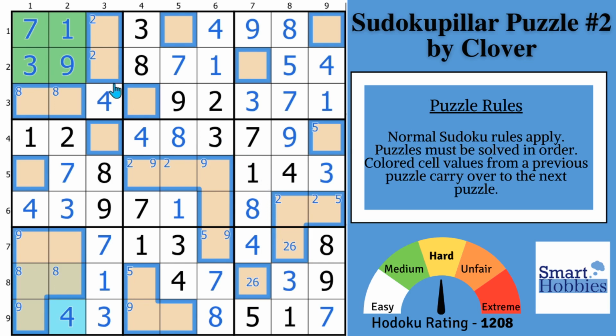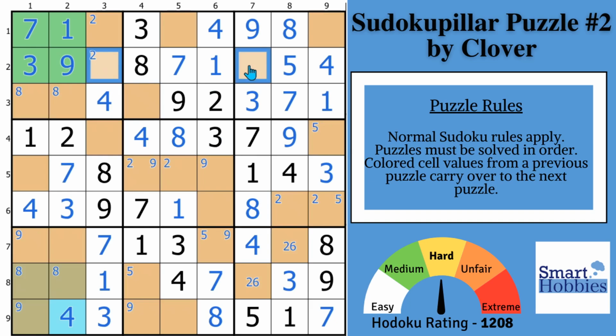You want to look for those conjugate pairs. You might notice there's a conjugate pair of 6s here in row 2, right? 6 can be there or there, and that's it. Look in row 4. A 6 can only be here or here. The base shares the same column, column 3.